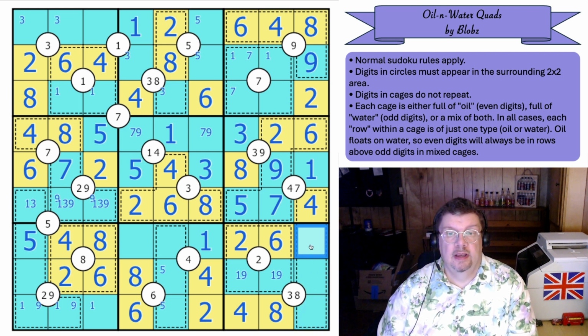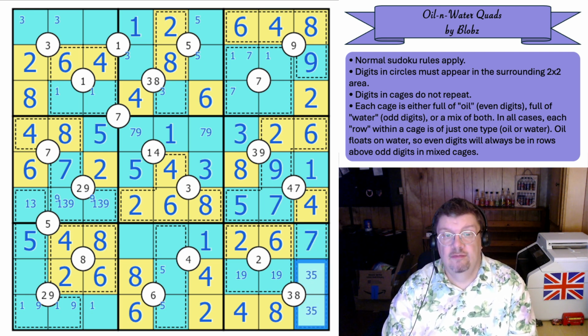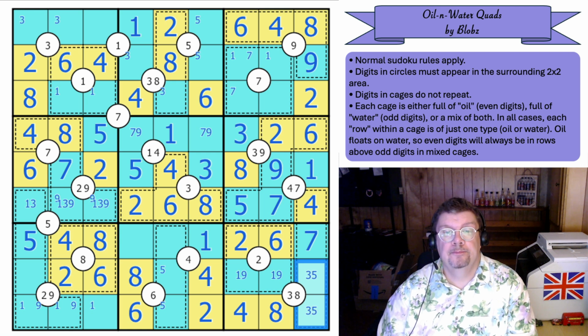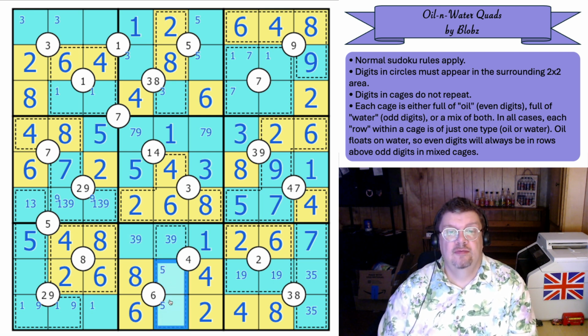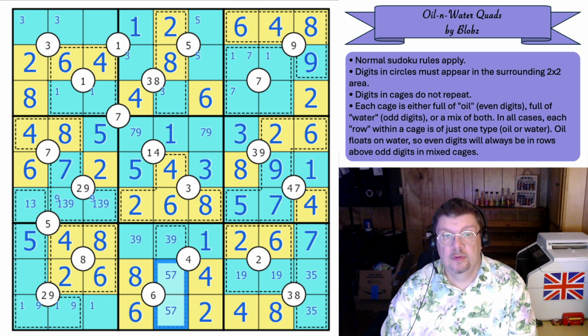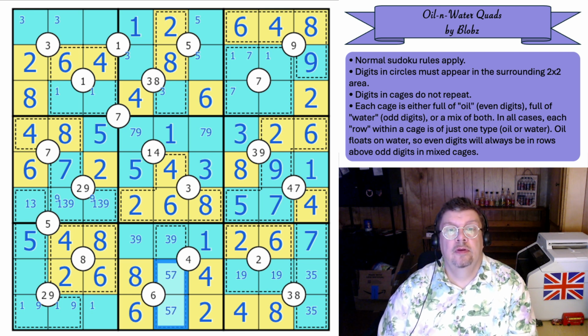But that one can't be a 3 because of the quad clue, it has to be down there, and it can't be a 5 because of the row, so that's a 7, making this a 3, 5 pair. This 7 makes this a 3, 9 pair in the row, which makes this a 5, 7 pair. So this digit is 3 or 9 to pair up with that one.